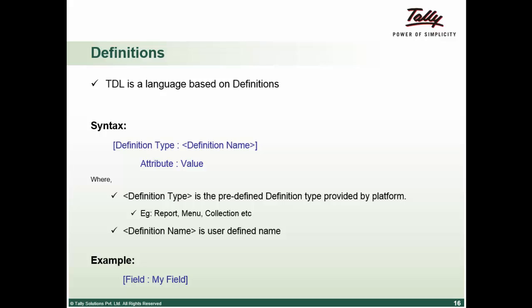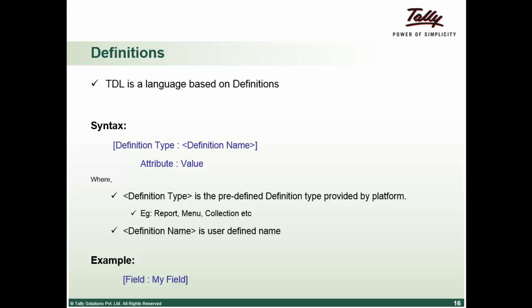Tally Definition Language, or TDL, is a non-procedural programming language based on definitions. This is what we had discussed earlier. TDL works on named definitions, which we have seen in one of our Hello TDL. The biggest advantage of working with TDL is its reusability of definitions. All the definitions are reusable by themselves and can be a part of other definitions.